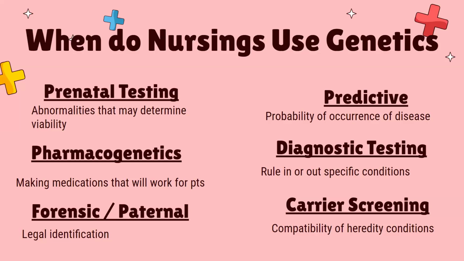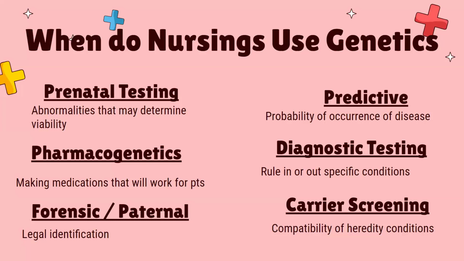Other times that you'll see it, relatively recently, we've started something called biogenic medications. And that is looking at a person's genetic code and determining where in their genetic code a medication would be able to be its most effective.